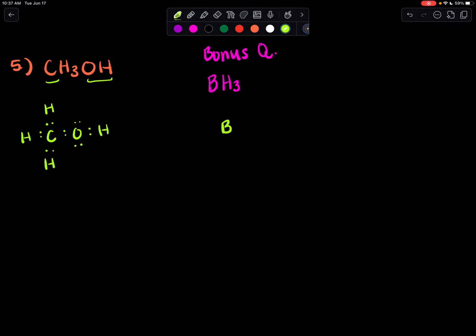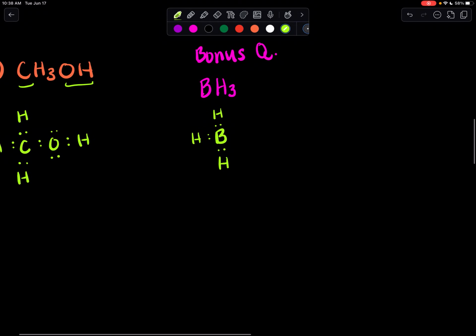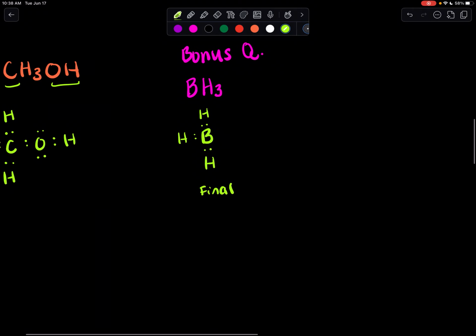So let's do 1, 2, 3, 4, 5, 6, and then our 3 H's. And that would be our Lewis dot structure for boron. It prefers the 3 valence electrons, so that's how it's going to be more stable. I do realize that it violates the octet, but there are some that will have these exceptions, and I just wanted to throw in boron so you can get familiarized with it in case you see this anywhere.